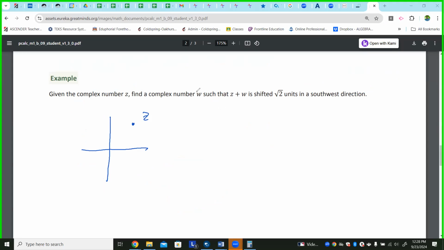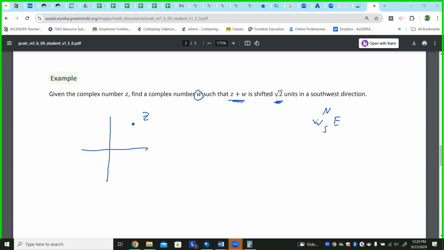And it says we're going to find a complex number w such that when I add it to my z, it is shifted square root of 2 units in the southwest direction. If you don't know your compasses, never eat sour worms is how I remembered it. I think someone does soggy waffles.